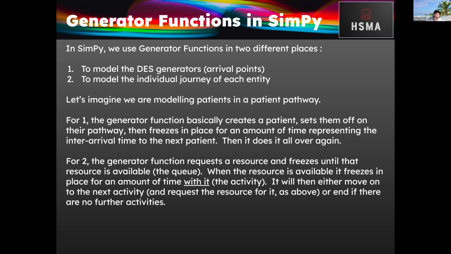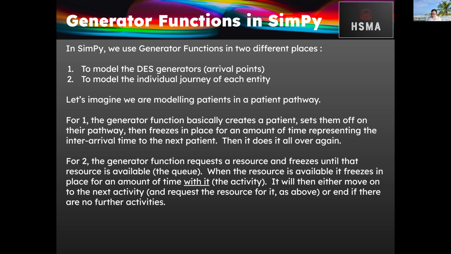But they can also be used to model the individual journey through our system of each entity. So we have a generator function for each arrival point, each discrete event simulation generator, and we have an instance of a generator function for each entity going through the pathway.